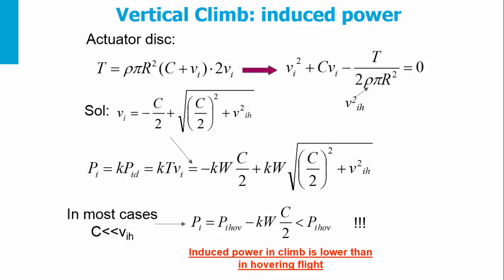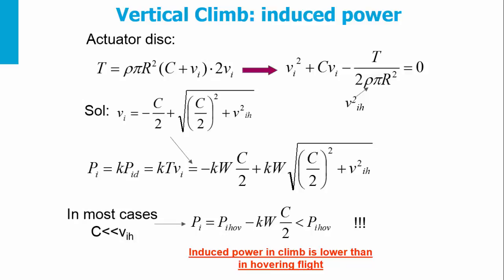Recalling the expression of the induced velocity in hover, square root of T over 2 rho pi R squared, we obtained the induced velocity for the vertical climb. As the induced power is a factor k multiplied by the ideal power, we have the final expression of the induced power as a function of k, of the climbing velocity and the induced power in hover.